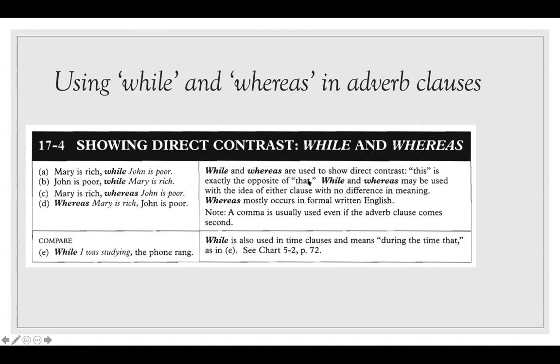So this is exactly the opposite of that. It's not like unexpected and expected. It's contrasting ideas. So you wouldn't use while or whereas when they're not super opposite to each other. While or whereas may be used with the idea of either clause with no difference in meaning.